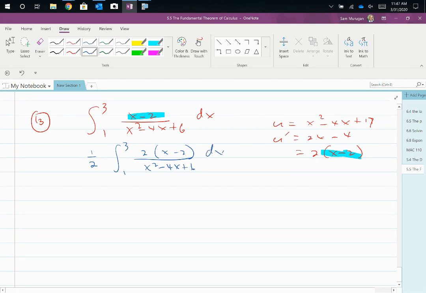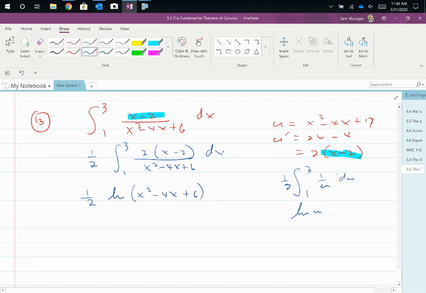Now, be very careful here because you're integrating 1 over u, okay? You're integrating half, 3 over 1, 1 over u du, which we know that the integral is ln u. So half ln x squared minus 4x plus 6.